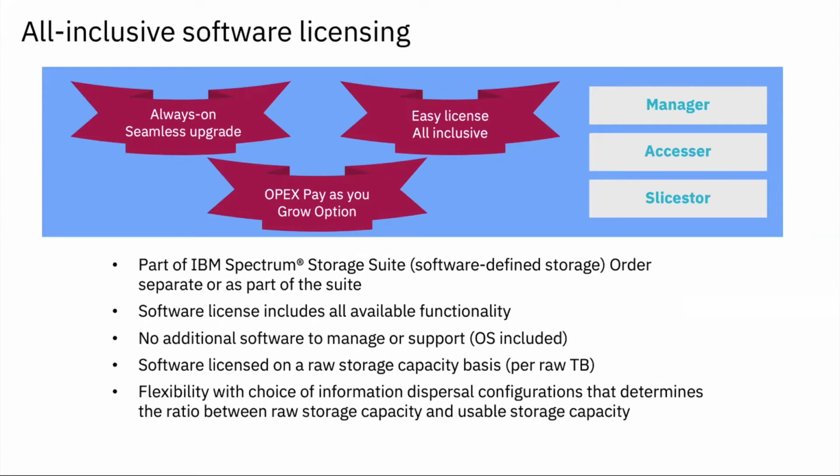Unlike our competitors where the accessor is integrated with the slice store, you have to scale them both simultaneously. With us, we have the accessor tier independent of the slice store. So if you need to scale storage capacity, you add slice store nodes. If you need to scale performance, you scale accessor nodes. And then your manager, you're only going to have one, regardless of how big your environment is.